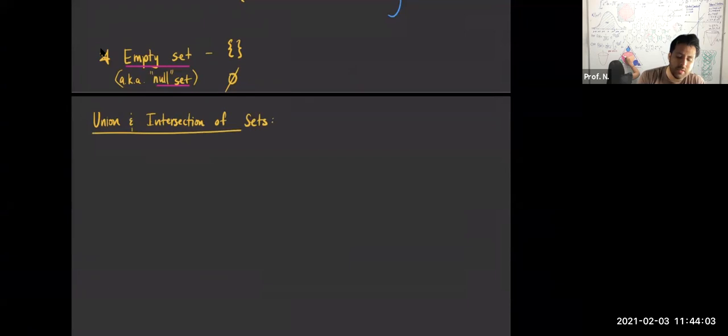You guys have interesting questions. What is the difference between the null set and undefined? Wow. First of all, undefined comes from the idea that you are not able to give a definite answer. That's why it's undefined.